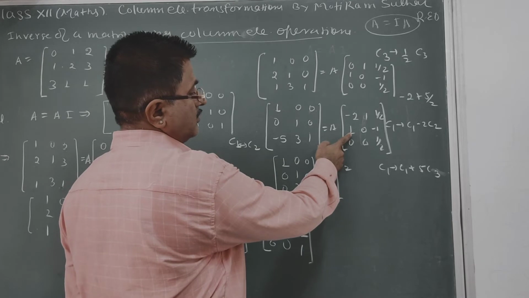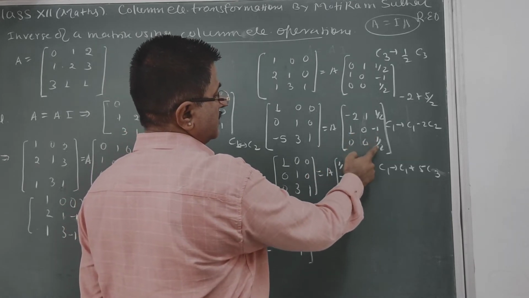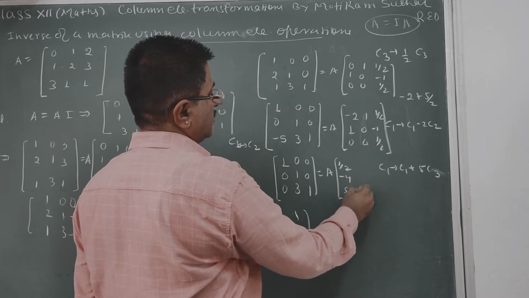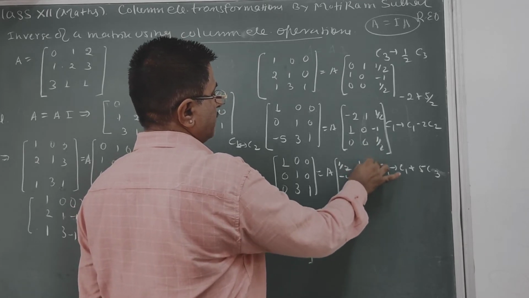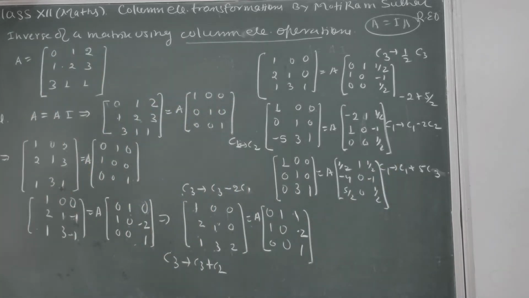Then 1 minus 5, that is minus 4. 0 plus 5 by 2, that is 5 by 2. Other remains same. So in this way we get right hand side matrix as 1 by 2, minus 4, 5 by 2, 1 0 0, 1 by 2, minus 1 and 1 by 2.